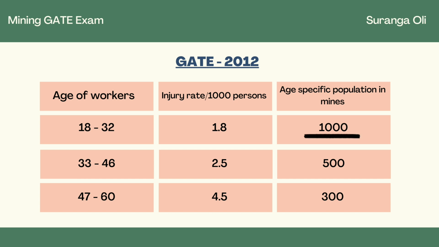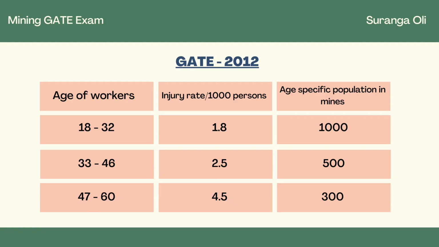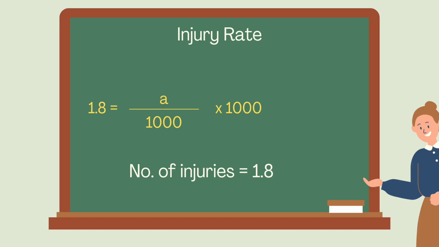So they have given us 1000. Why we have multiplied by 1000 here is that the injury rate is given for every 1000 person. So we are multiplying it with 1000. On solving, we are getting the number of persons injured in that age group is 1.8.